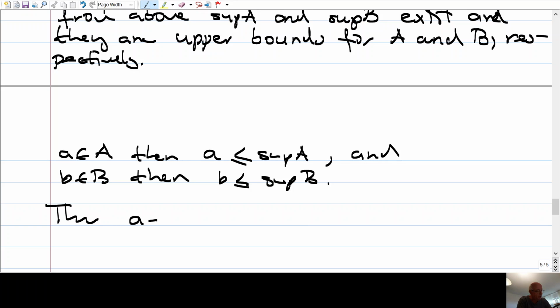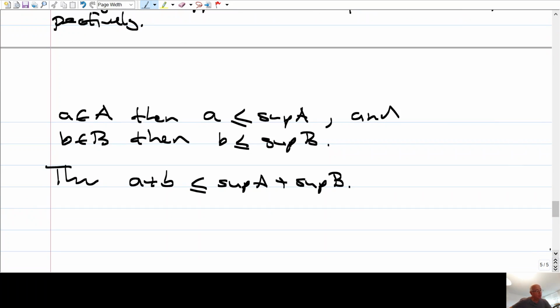Then a plus b, a typical element of the subset A plus B, is less than or equal to supremum of A plus supremum of B. So a plus b is less than this number, but a and b are just arbitrary elements from A and B, and this is a typical element of the subset A plus B. So any element of the subset A plus B is less than this real number.